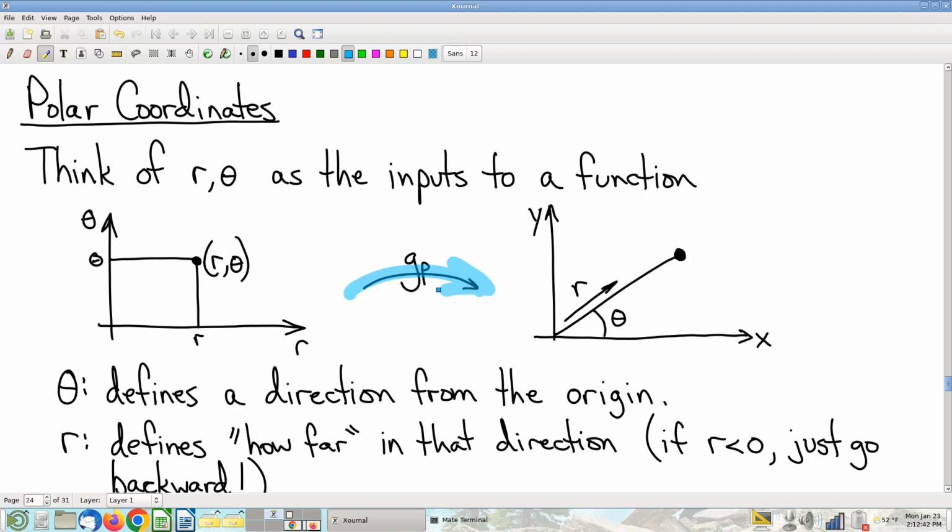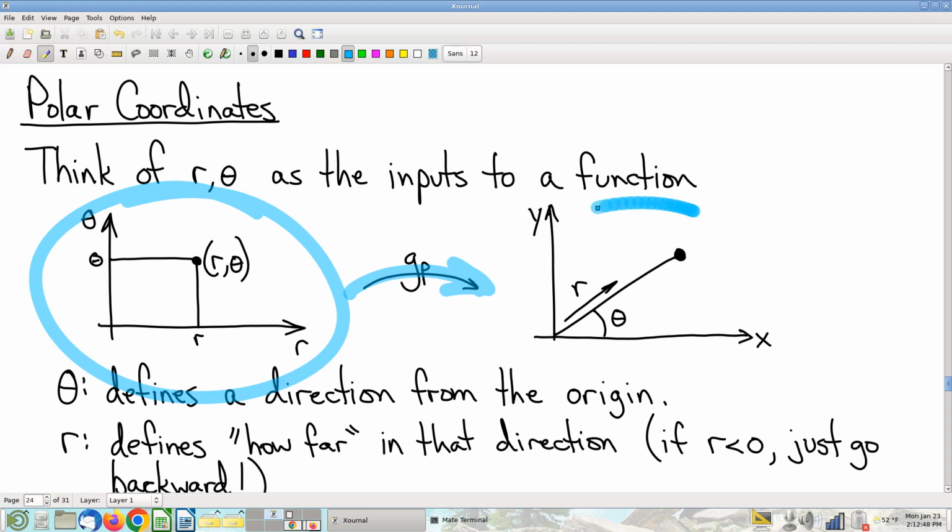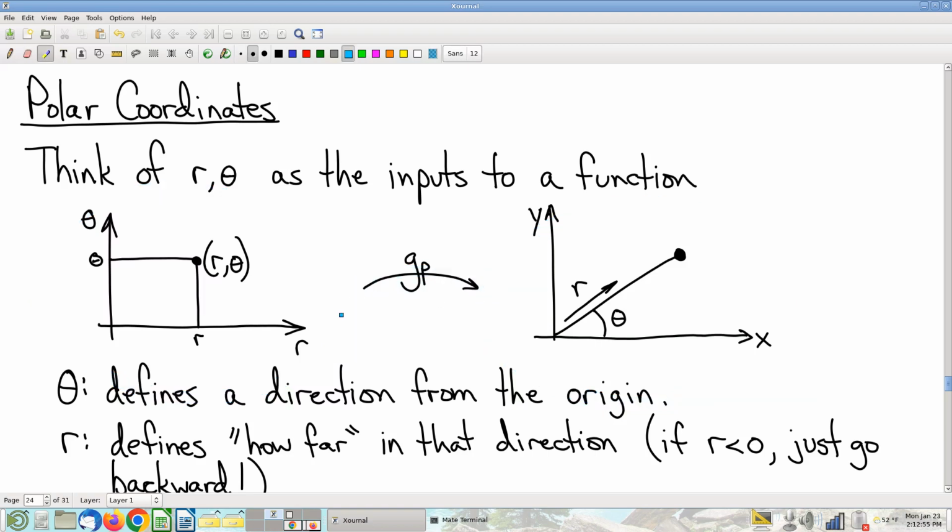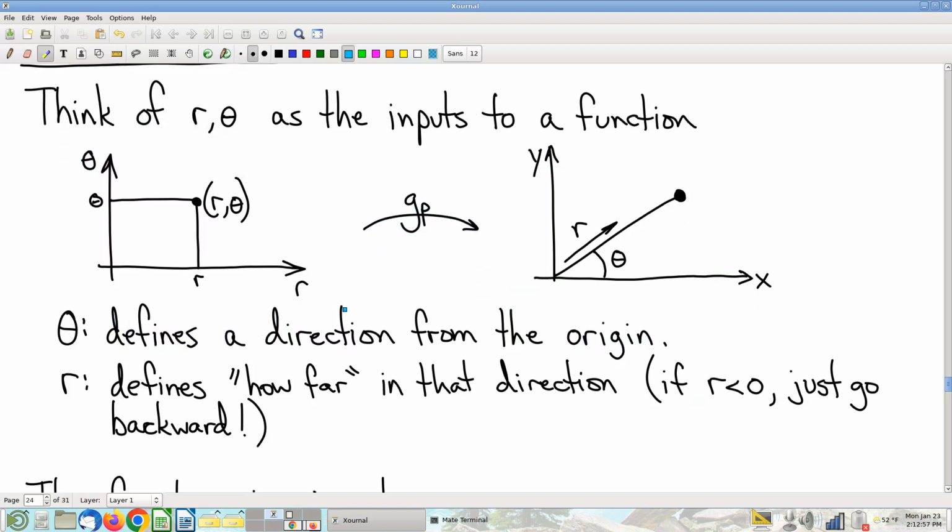This is a function, what I'm calling g sub p, that takes two numbers r and theta and returns two numbers x and y, where theta and r perform the following functions. So theta tells you which direction you should go. Theta defines a direction like that, based on moving counterclockwise from the positive part of the x-axis.